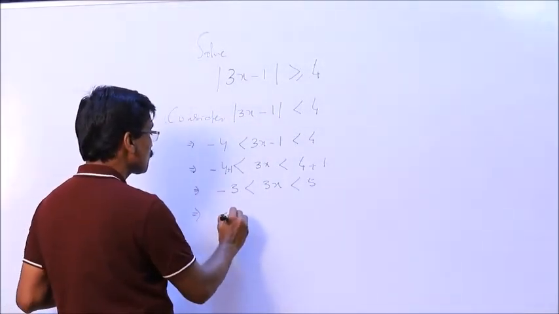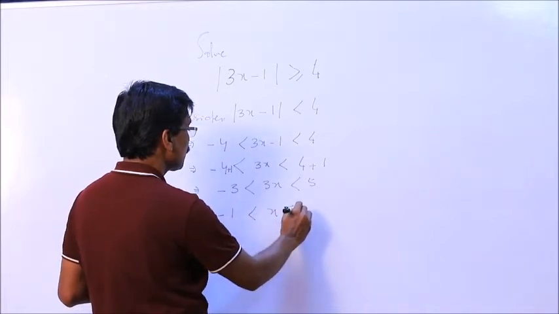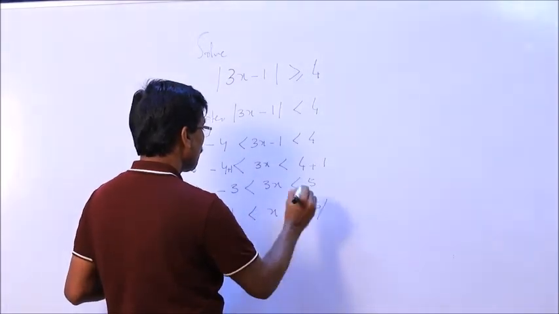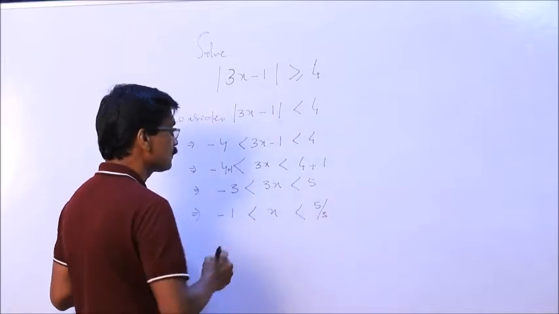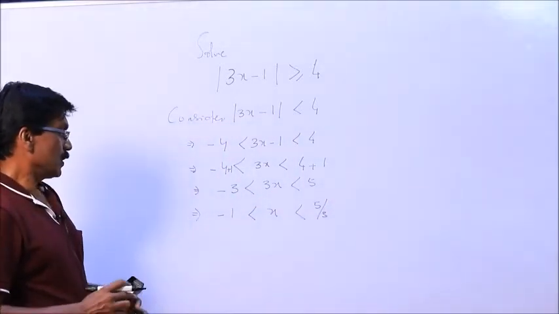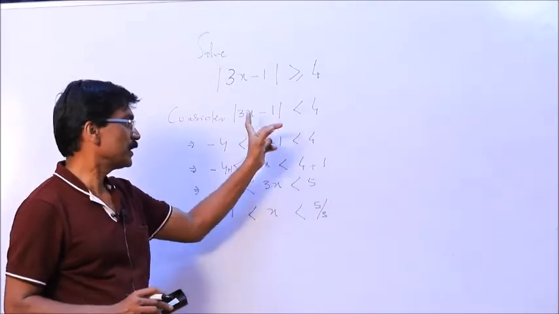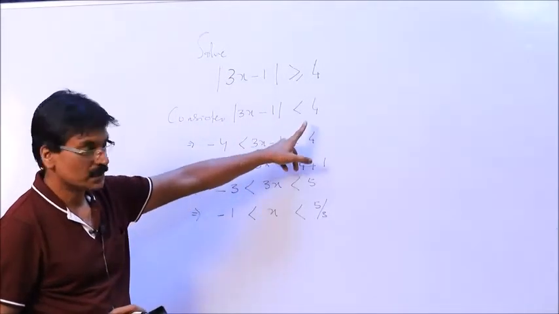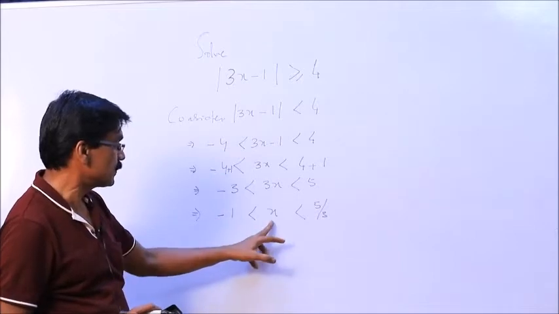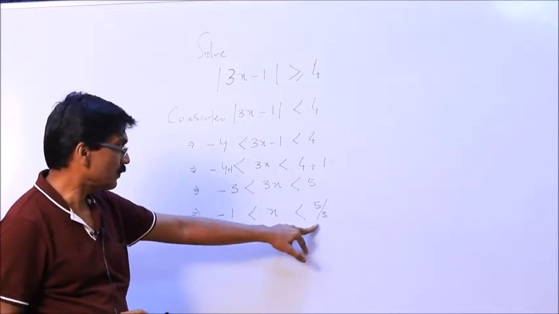So, minus 1 less than x less than 5 by 3. So, for the inequality modulus of 3x minus 1 less than 4, x lies between minus 1 and 5 by 3.